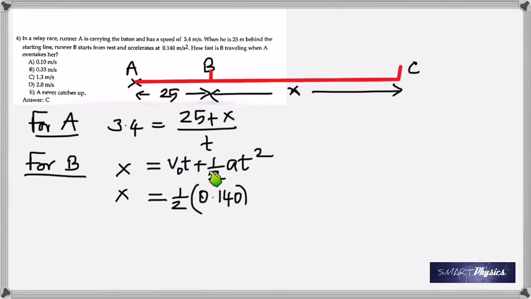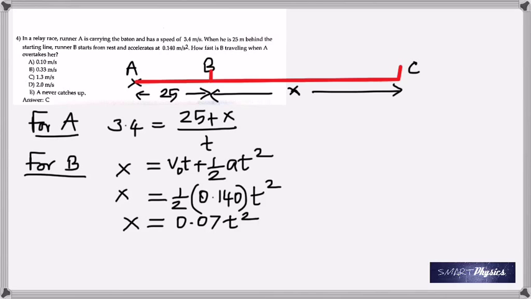So you have 1/2 times the acceleration times the square of the time. Once again, there are 2 unknowns, x and t. So that simplifies to x = 0.07 t squared, which is what you get when you divide 0.140 by 2.